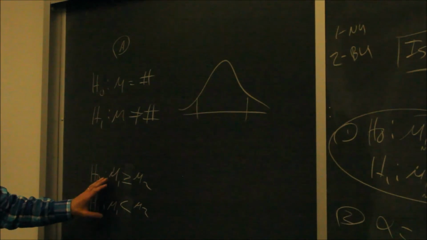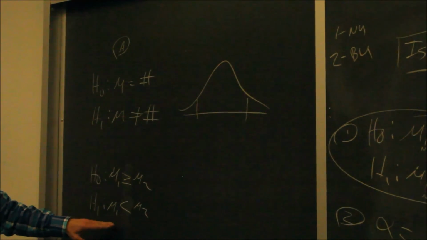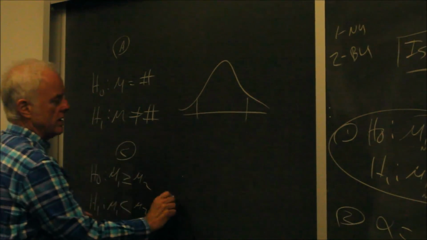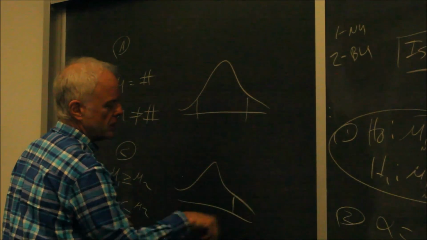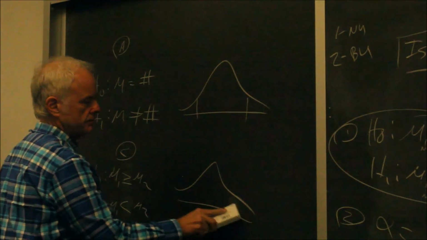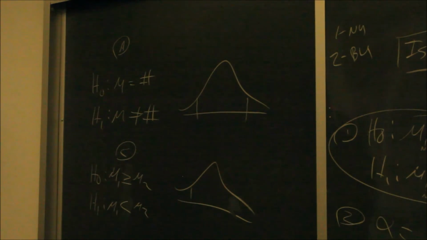I don't know if this is B or C. How is this one set up? Less than, greater than or equal to versus less than. Is that set up like C on the first page? That's right. Yeah, that's C. Okay, so if you look at C on the last page, the rejection region is on the left. Right? Yep. Is that correct? Yeah.